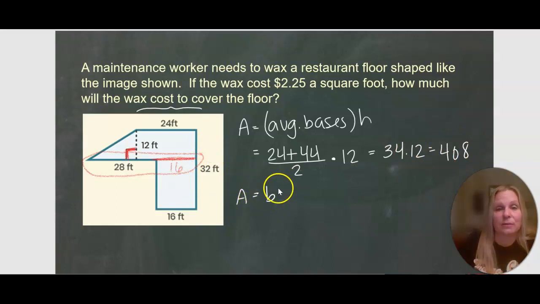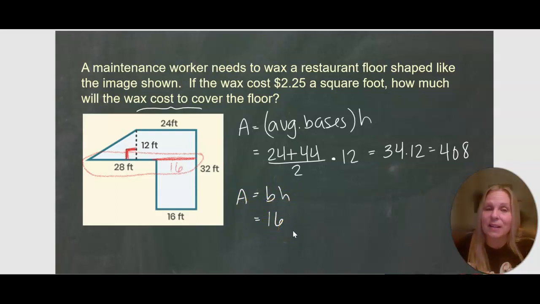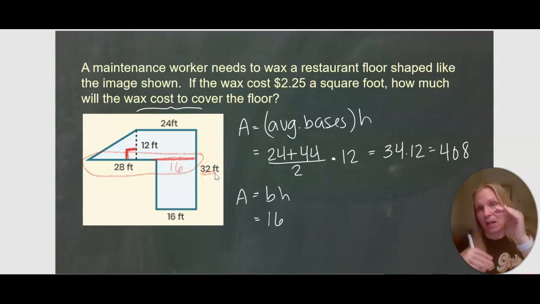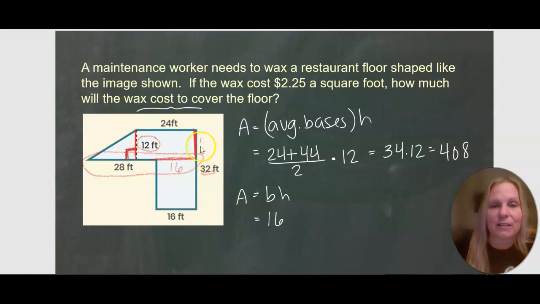The rectangle, base times height. My base is 16. My height, I actually don't know, but I can find it again, right? Because I know from look, this 32 is the whole side. I don't want the whole side. I just want that bottom piece that's the height of my rectangle. But I know that if this is 12 over here, then this is also 12 over here, right?